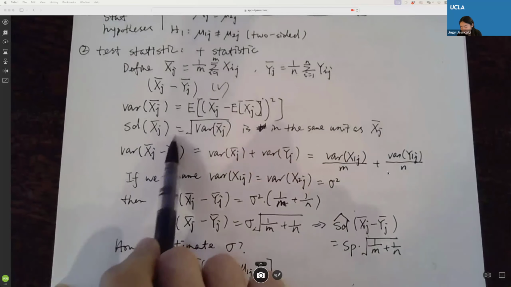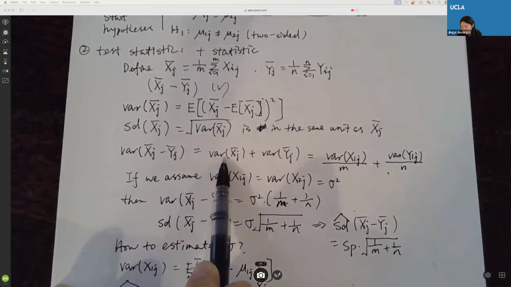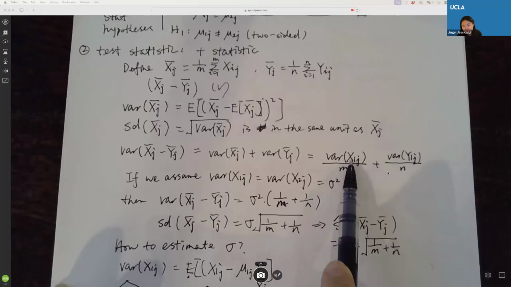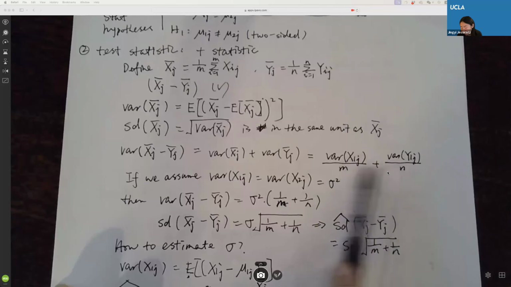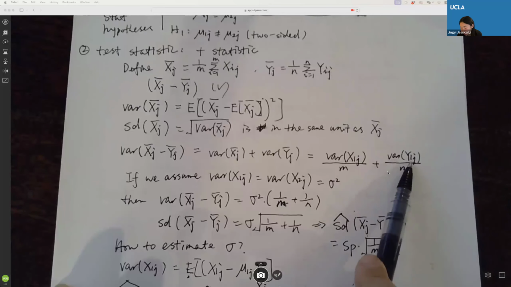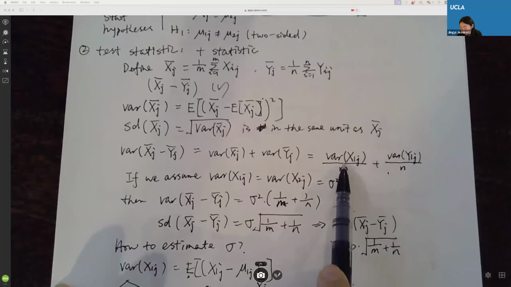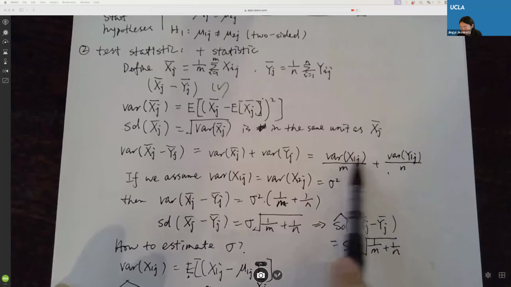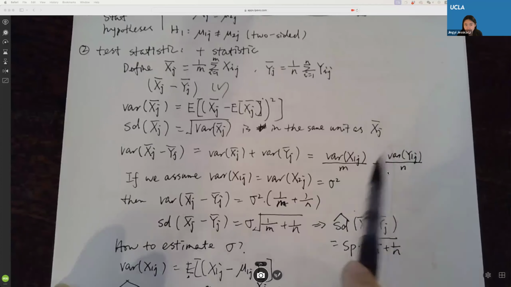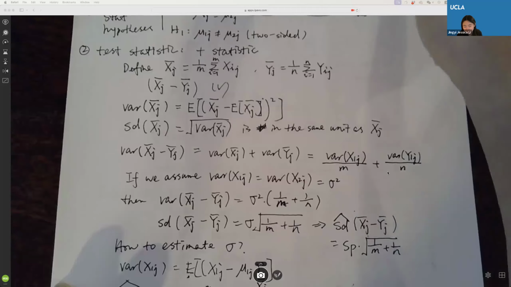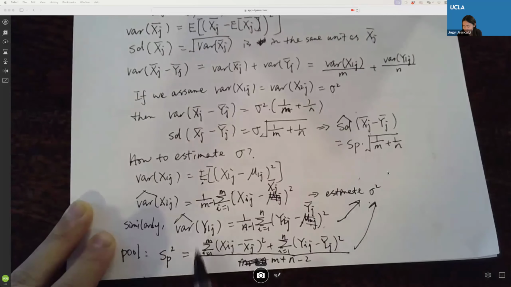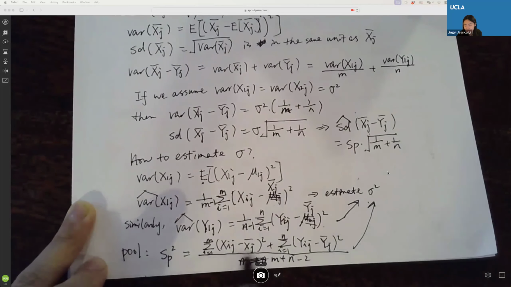But since the standard deviation involves some unknown parameter, which is the variance of our gene expression under each condition, we need to do that estimation. And then what we did is that under the assumption that the gene has the same variance under two conditions, which is the t-test assumption, we pool the two variances together into a calculation of a pooled variance.